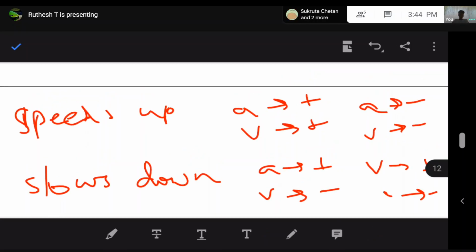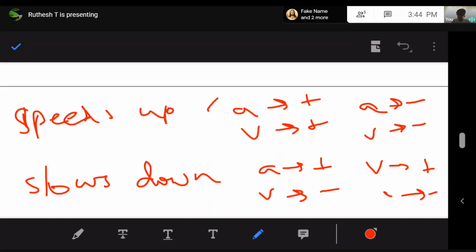And this is talking about speed, right? So you don't care which direction the particle is moving in. You only care about the absolute value of the velocity. So when acceleration and velocity have the same sign, you can think of it as the velocity going in the same direction as it's accelerating, so it's going to be speeding up. And same when they're both negative.